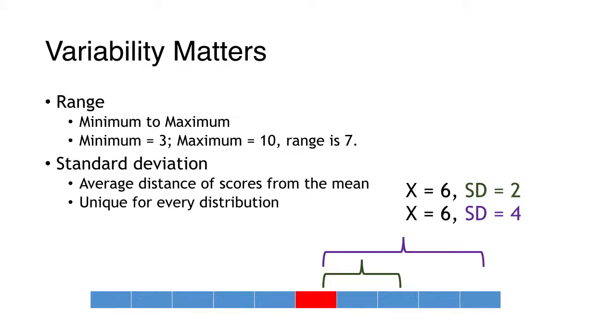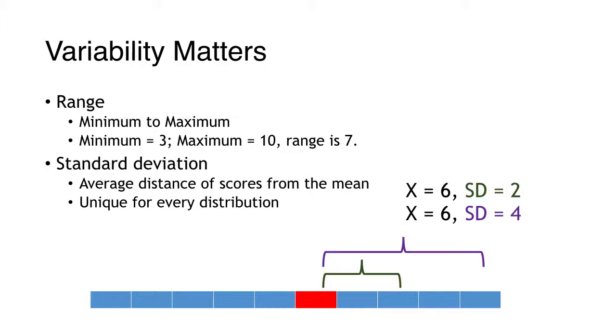So, if you look at the green line, if I know that my standard deviation is 2, then my average distance of my scores from the mean is tight. You can picture it in your mind.